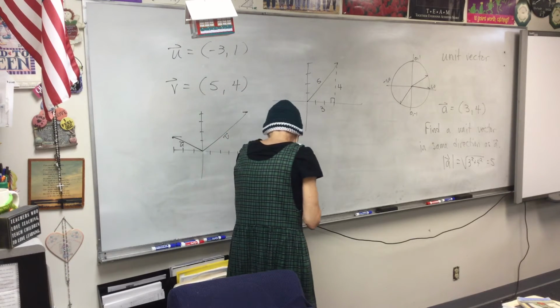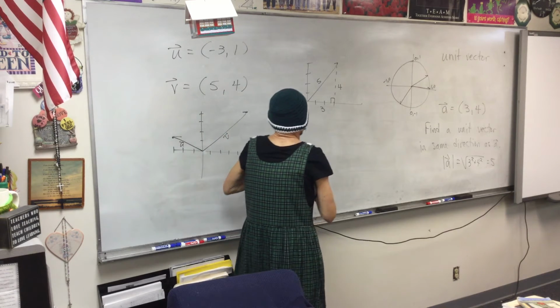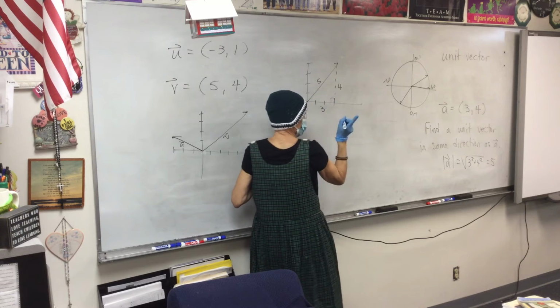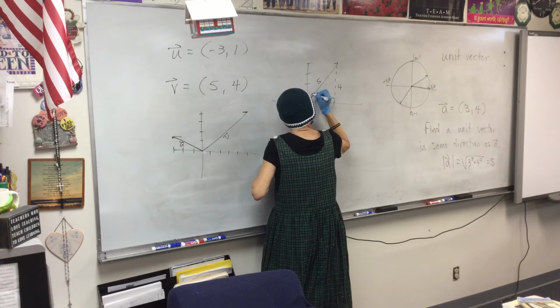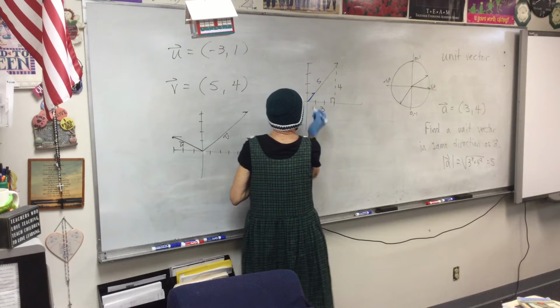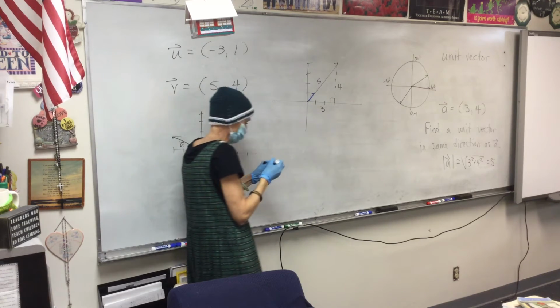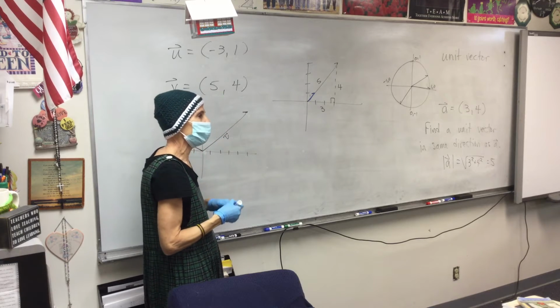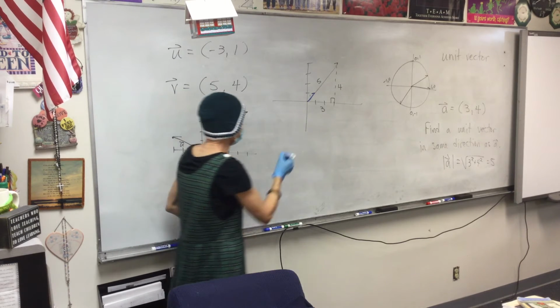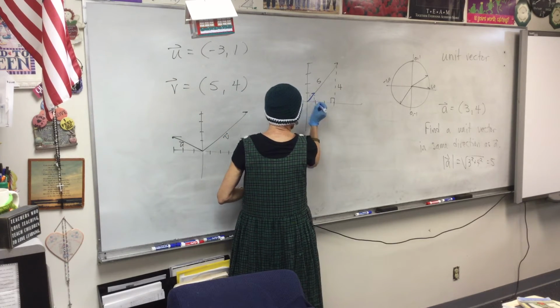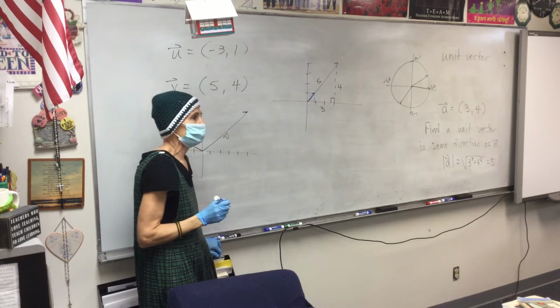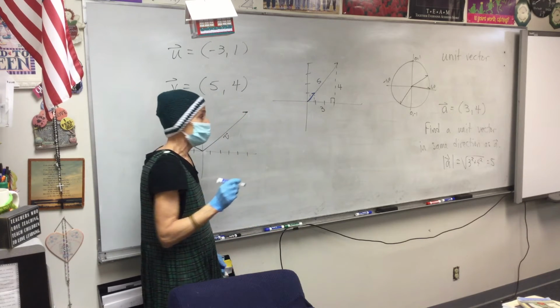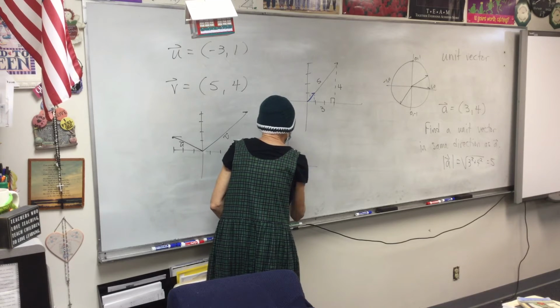Now, I want to make a unit vector, though, in the same direction. So I want to talk about that guy right there. His length is only 1. Does anybody have any idea what his coordinates might be? 1, 1? Now, let's talk about that.